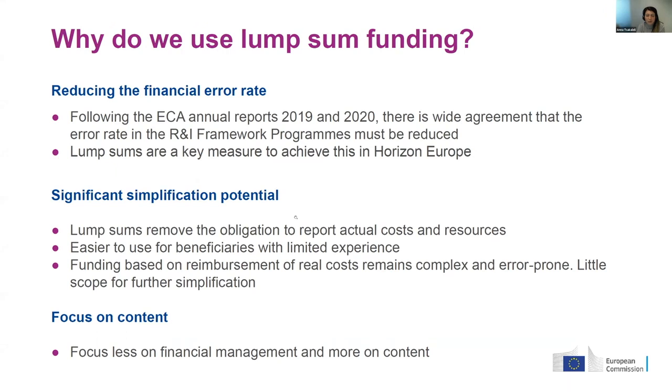This means that the program becomes easier to access, especially for small organizations and newcomers who often lack the experience and the capacity to cope with complex rules for actual costs. So the focus now is mostly on the implementation of the proposed activities rather than on reporting actual costs and financial reporting during the reporting periods of a project. On the next slide.